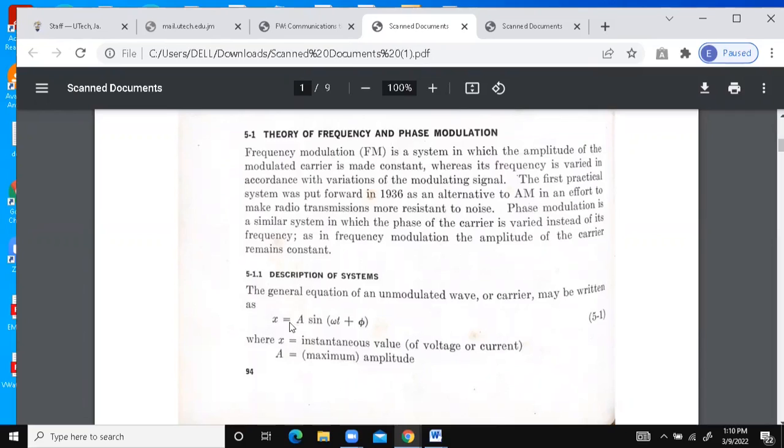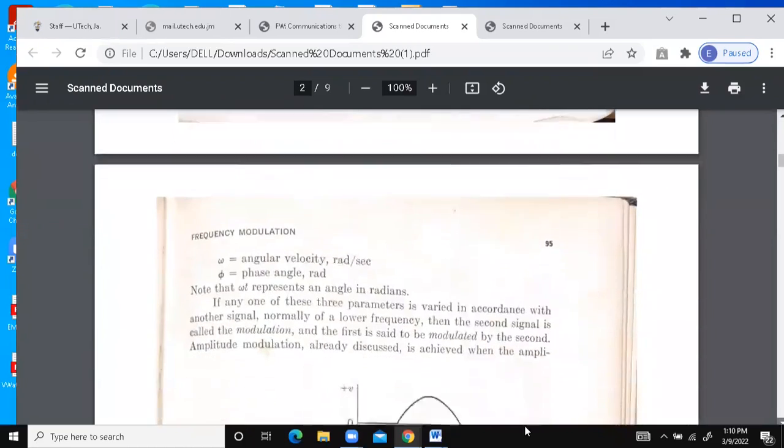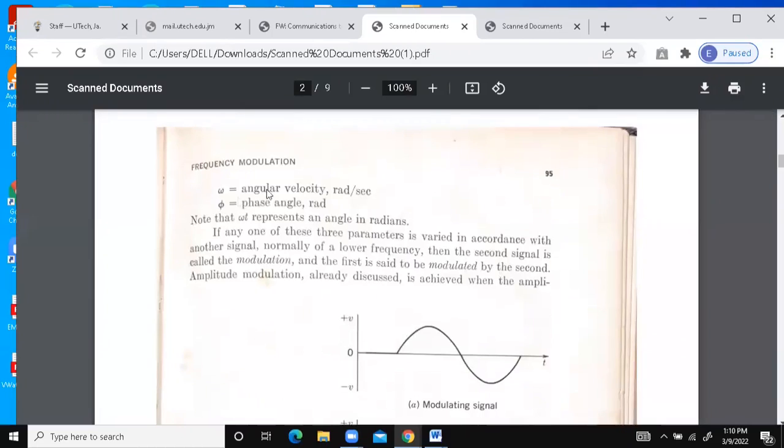So X equals A sin(omega t plus phi). Omega is the angular frequency, angular velocity, and phi is the phase angle.